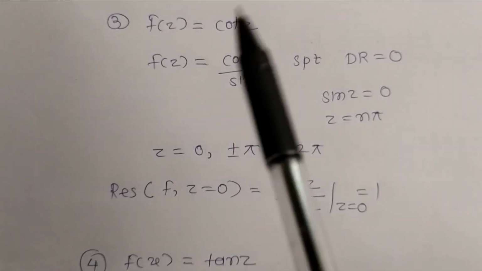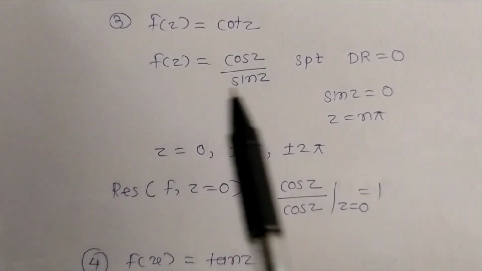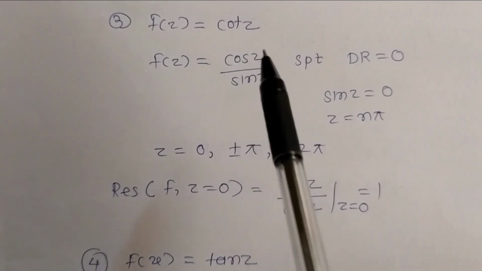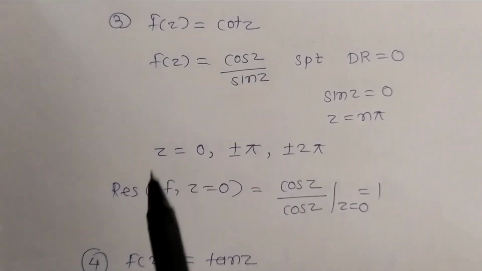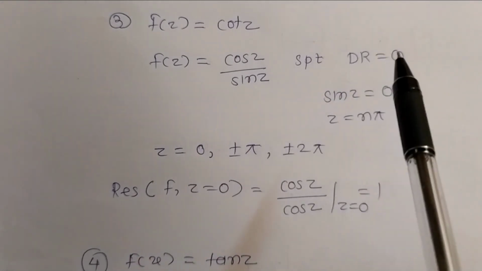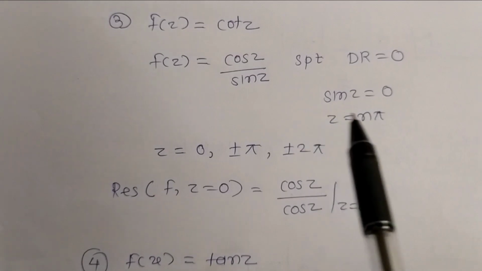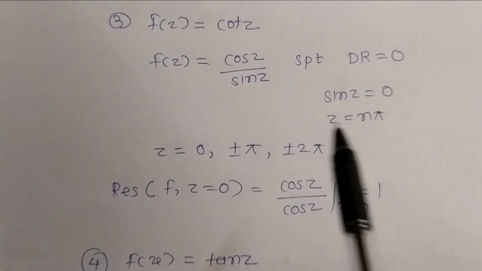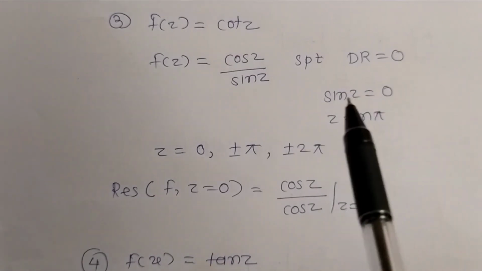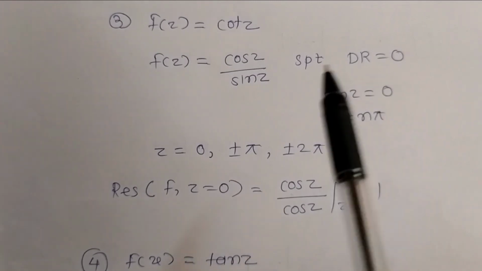f of z is equal to cot z. What is cot? Cos upon sine. So f of z is equal to cos z upon sin z. Here the denominator is equal to 0 when sin z is equal to 0, that is when z is n pi. Sin pi, sin 2 pi, sin 3 pi are 0.